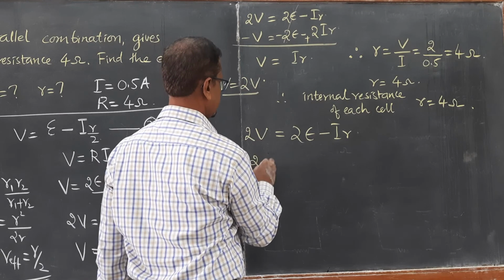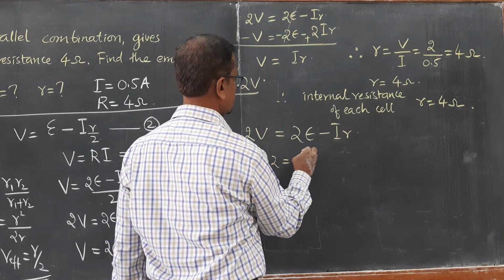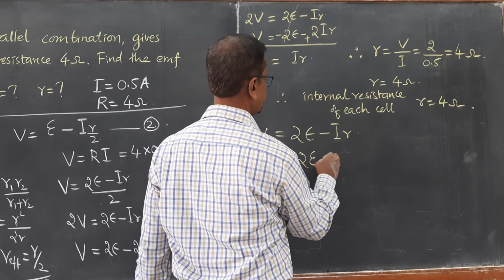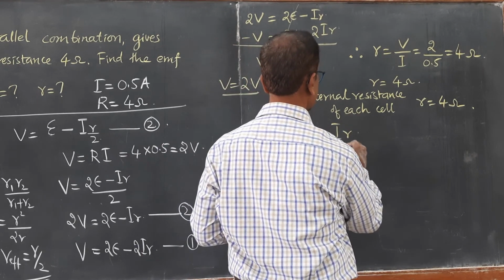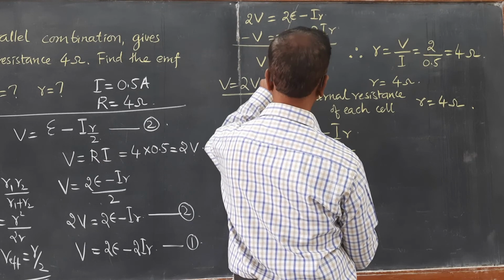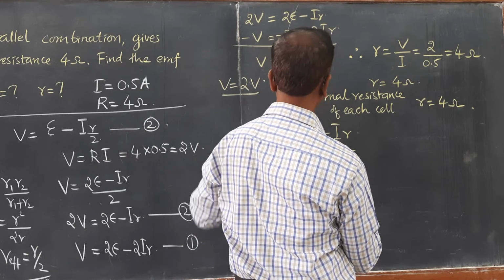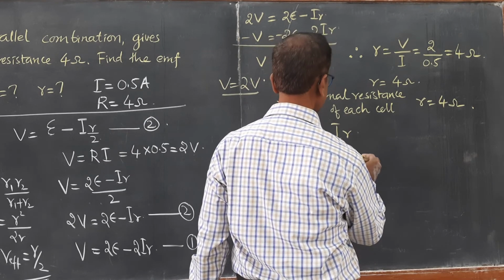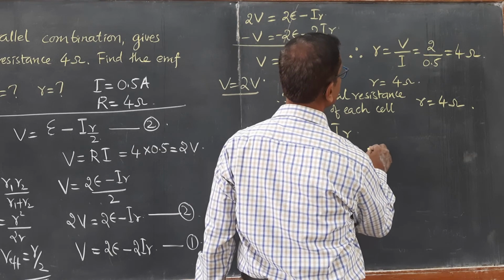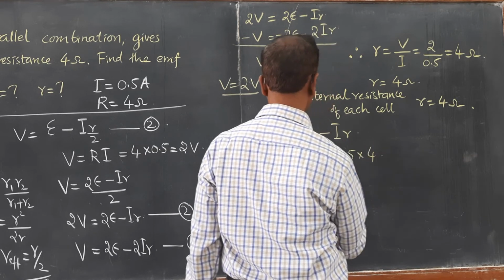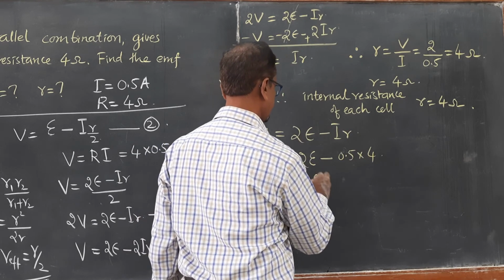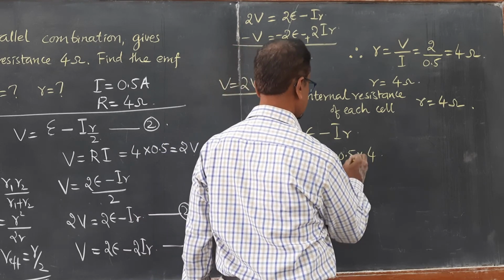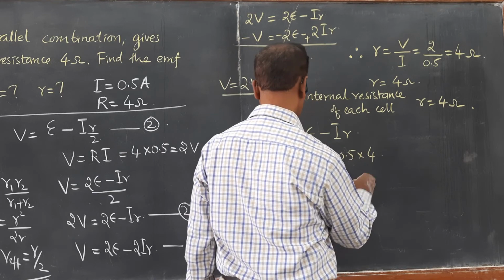So 2 into 2, 4 equal to 2 into E minus Ir, where Ir is already V, that is 2 into 4, half of 4 becomes 2. So 4 equal to 2E minus 2.